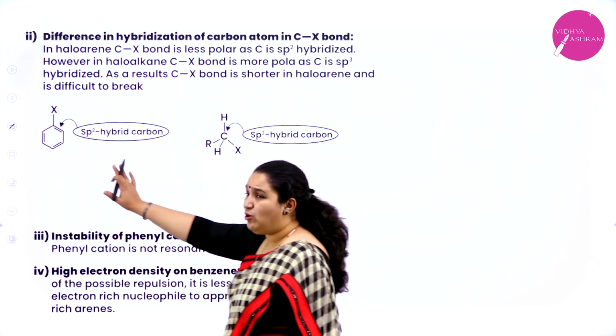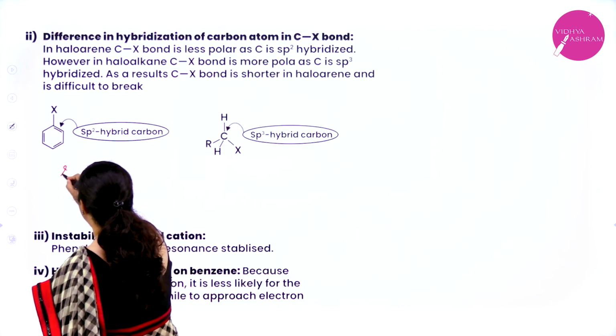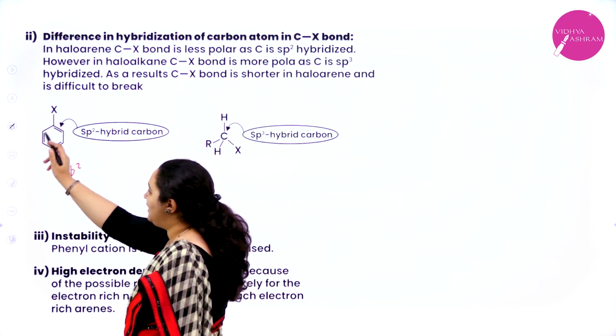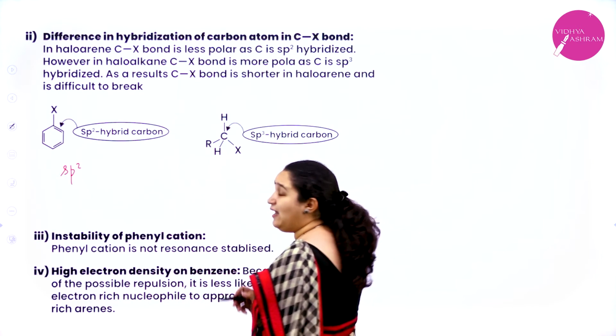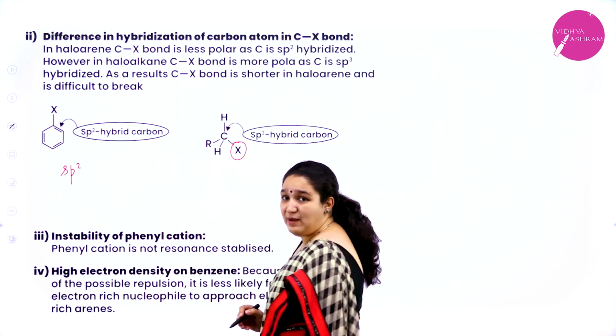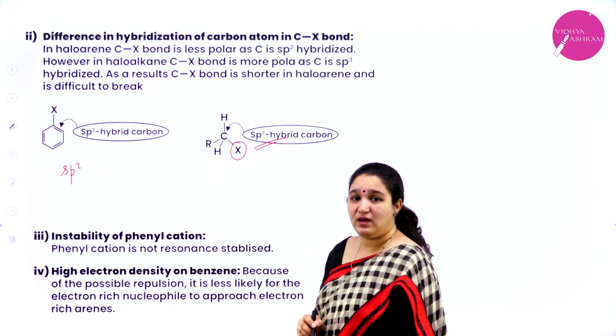Now if you see haloarene, here what happens? The halogen is attached to sp2 hybridized carbon atom. We know in benzene ring all the carbon atoms are sp2 hybridized, whereas in haloalkane the halogen atom is attached to carbon atom which is sp3 hybridized. Correct?